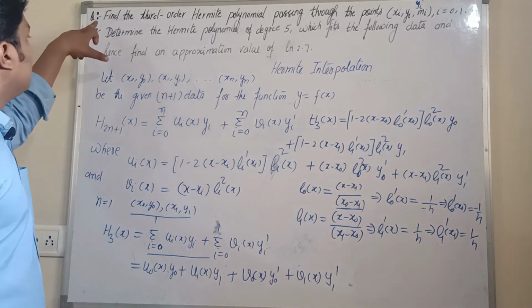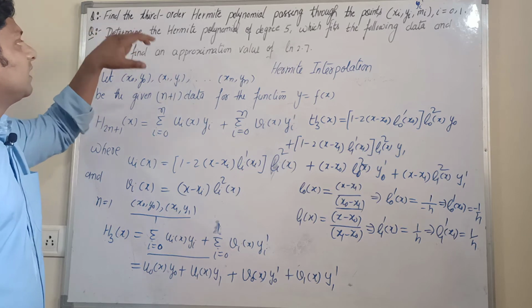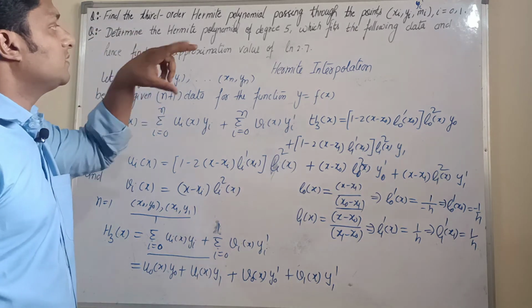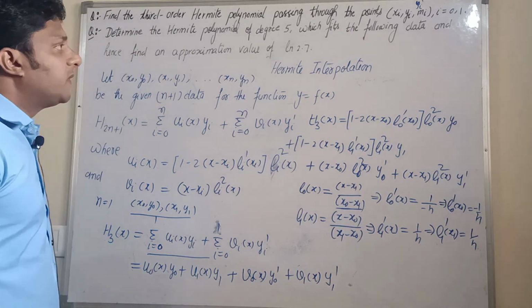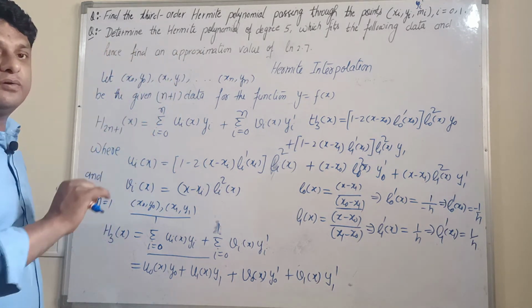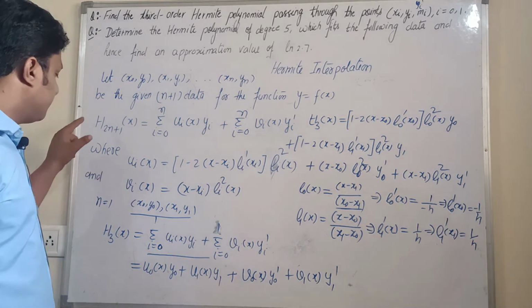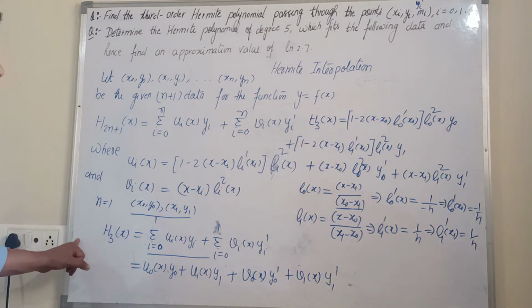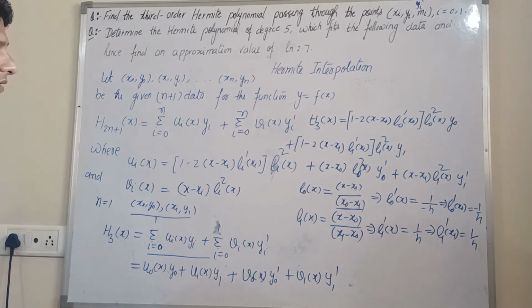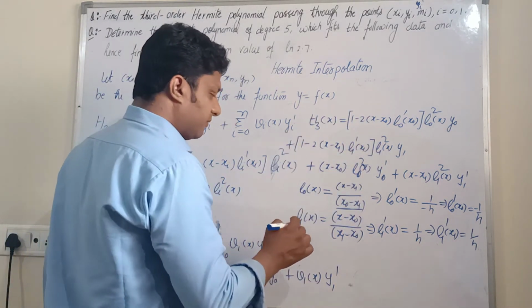So we need to find a third order Hermite polynomial passing through these points, where i equals 0, 1. Obviously the value of n equals 1. So we can start the solution of question number 1 from here. Just compute all these values in this formula, then we will get the answer.